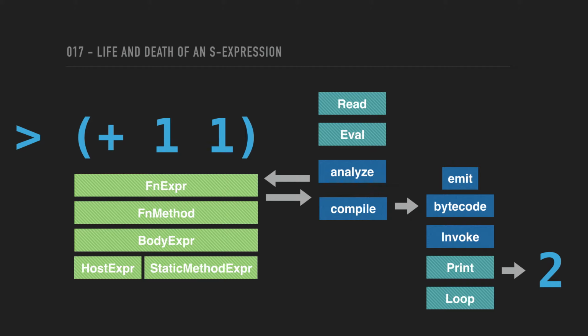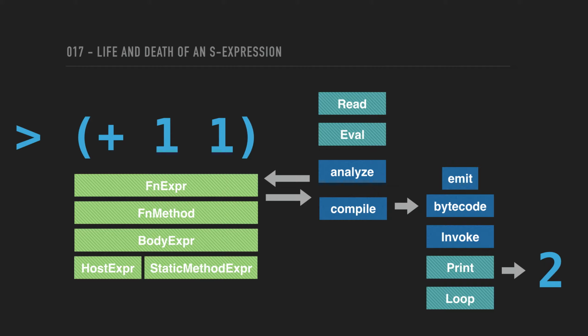Once we have a fn expression instance and all the inner classes that are related to that specific form, the analyze phase is done. Next is the compilation phase, and the compile method is going to call essentially an emit on all of the classes, all of the expressions, and each emit has to say something about the part of the bytecode that will be created.